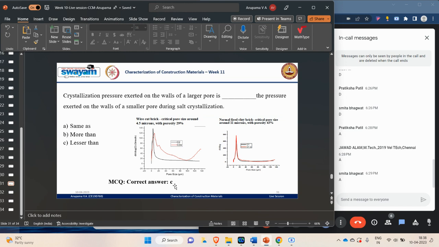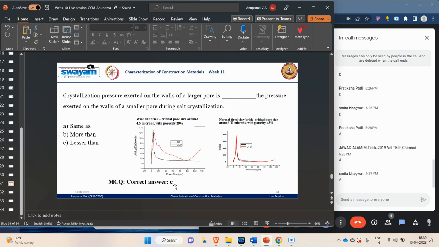But in the case of pore A, it has only a very little space to crystallize. So it faces some restrictions from around. Something hinders the growth, so it exerts pressure as it grows and crystallizes.